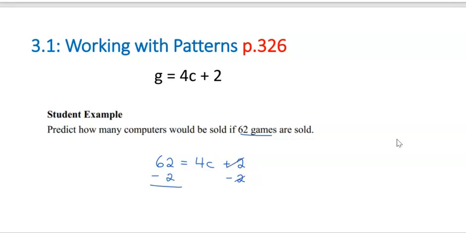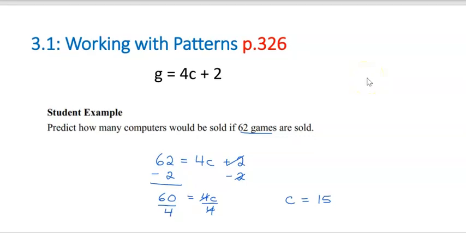Canceling. We're going to have 60 is equal to 4C. And now we can divide by 4 to isolate our computers. That cancels. And so the number of computers we have is 60 divided by 4, which is 15. We would need to sell 15 computers if we had 62 games sold.